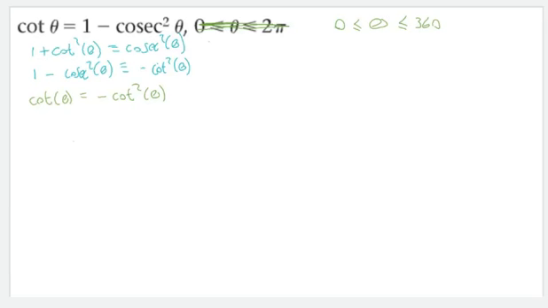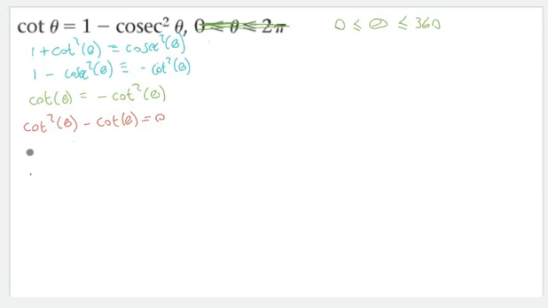So at this stage, you can both suggest what we would do next. Would you put the cots on one side? So yeah, what would I end up with then? Cot theta plus cot squared theta. Yeah, so if we take the cot squared theta from the right hand side to the left hand side, we get cot squared theta minus cot theta is equal to 0. And then you factorize it. Yep. So what does that look like?